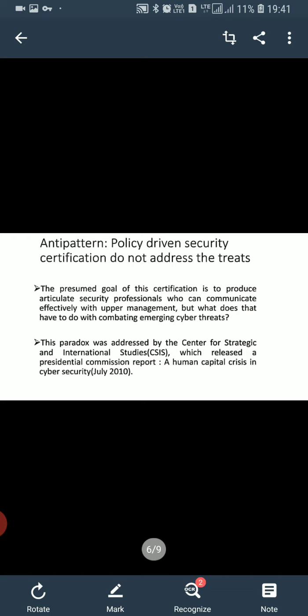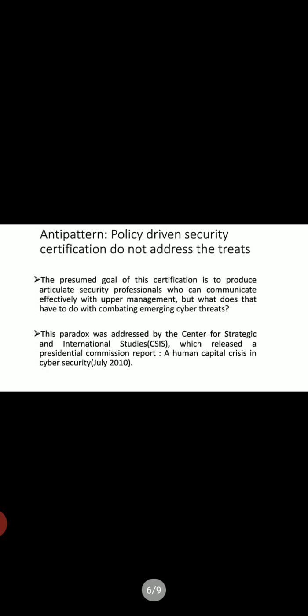But what does that have to do with combating emerging cyber threats? This paradox was addressed by the Center for Strategic and International Studies, which released a Presidential Commission report, A Human Capital Crisis in Cybersecurity, in July 2010.